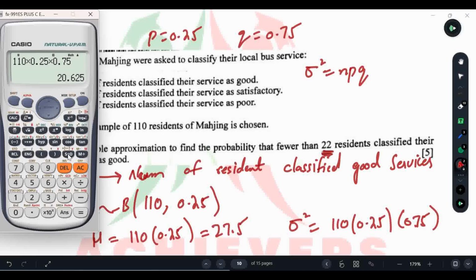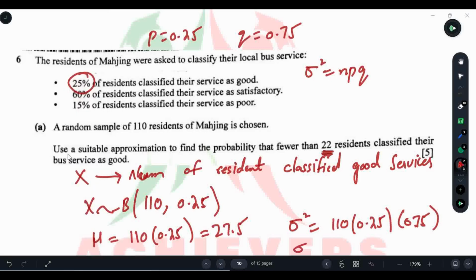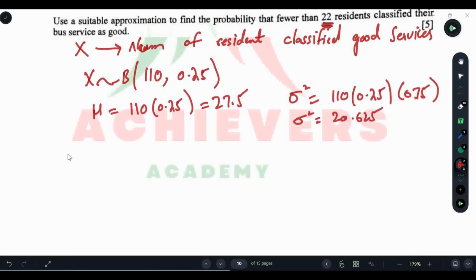So sigma square will be equal to 20.625. Now let me try to convert it into a normal distribution. So for normal distribution, we will have 27.5 and 20.625.